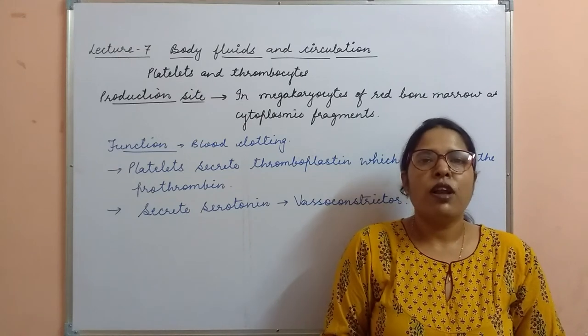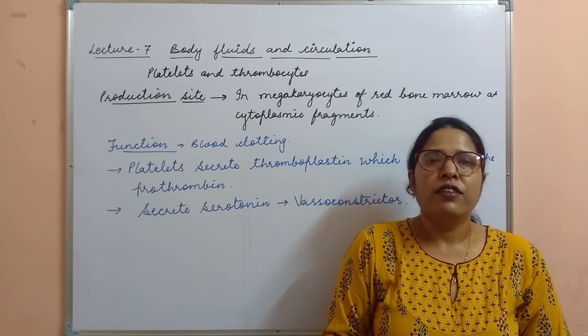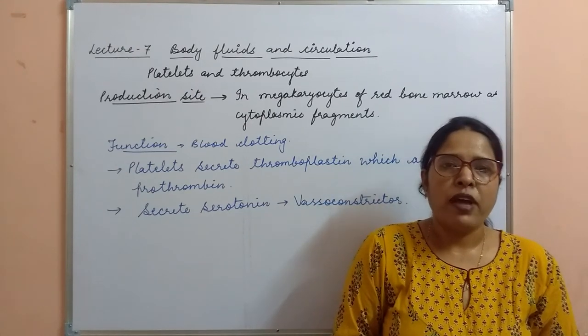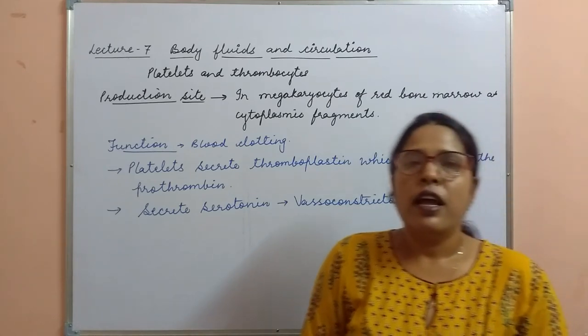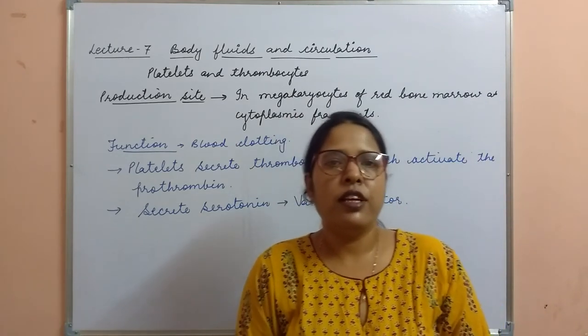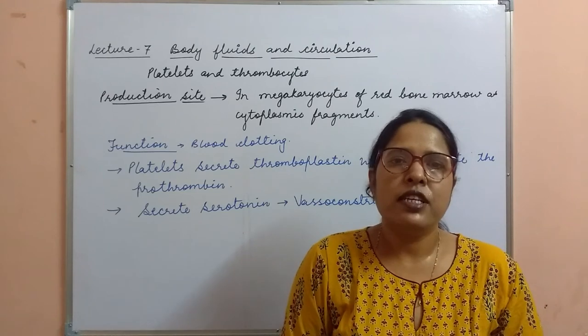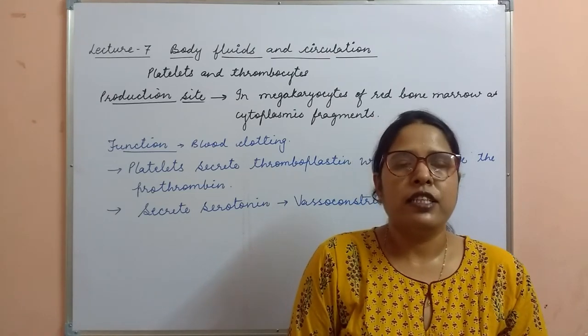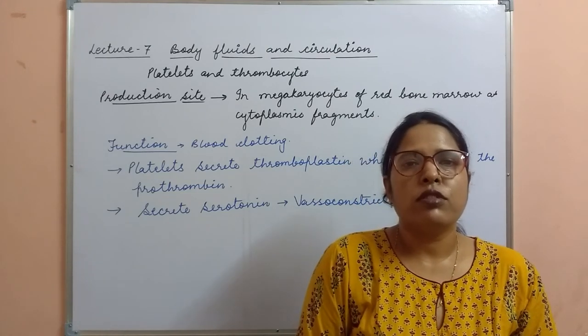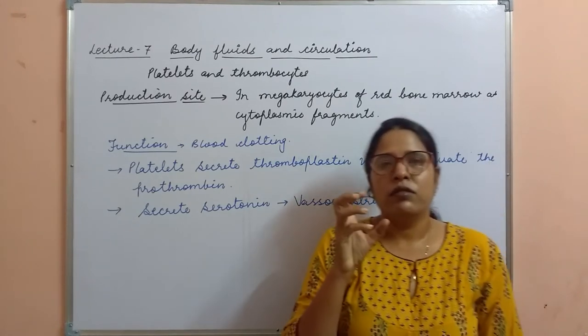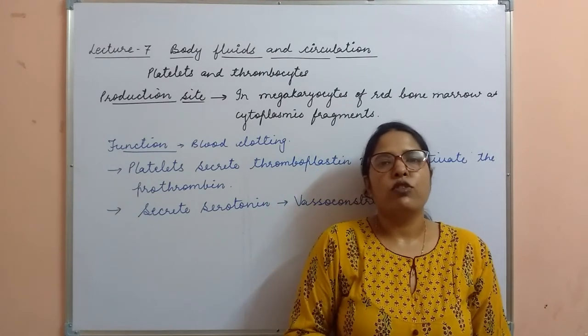Clear? So this is all about the platelets, and we have discussed the three types of formed elements present in the blood and plasma. Clear? The three formed elements are RBC, WBC and platelets. So here the topic, components of blood, is complete.